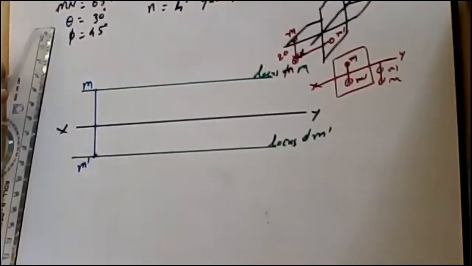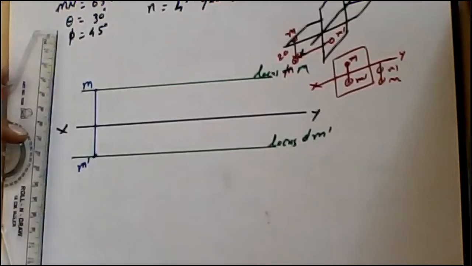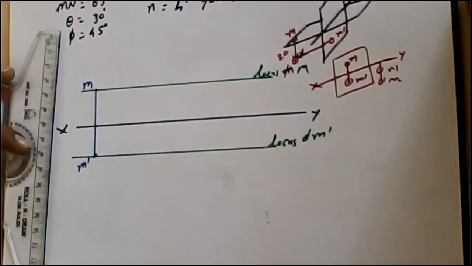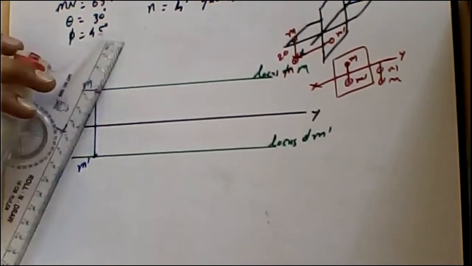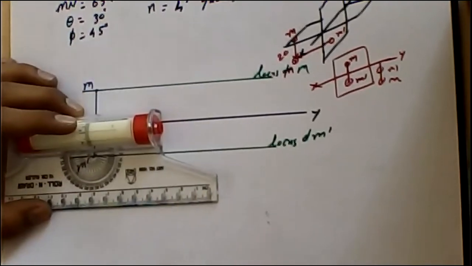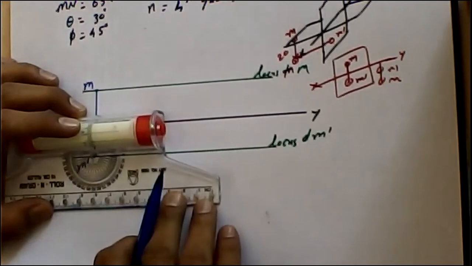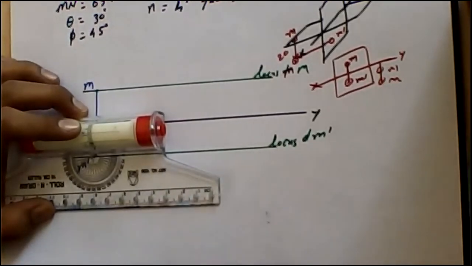Now we are aware that the inclination with the horizontal plane is 30 degrees. So from M dash I have to draft a line at 30 degrees with a length of 65 mm. So we are going to have those positions like this.